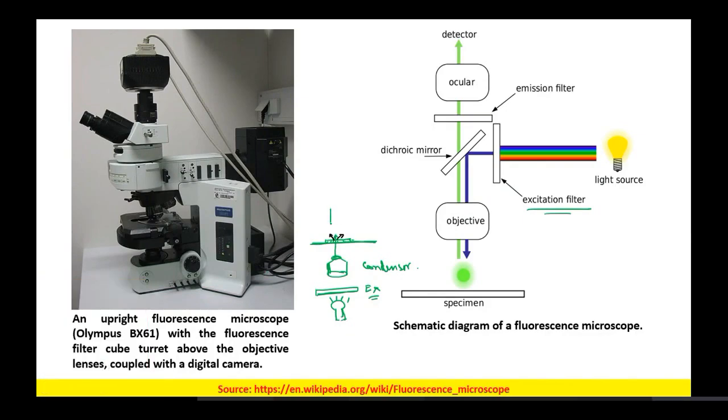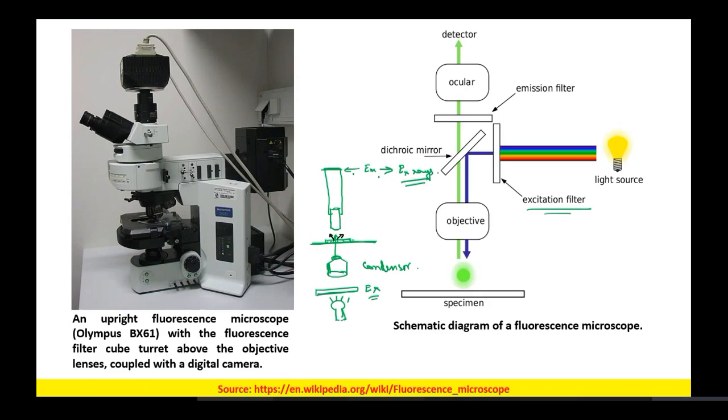Then we will be having the objective lens. Now after this objective lens we will be having this optical tube. Within this optical tube we will be having an emission filter. Now this emission filter should be blocking the excitation rays, EX rays.